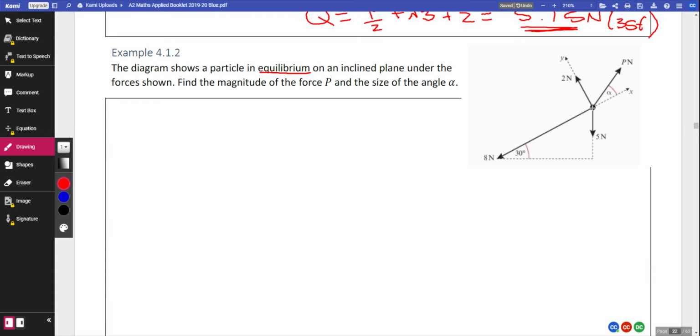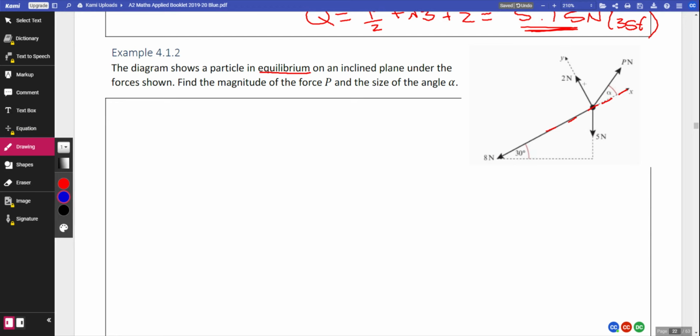I'm going to do exactly the same thing, but this time I'm going to work along the plane. So we'll take that to be the red direction. Any force that does not lie on that red line and is not perpendicular to it will need resolving.